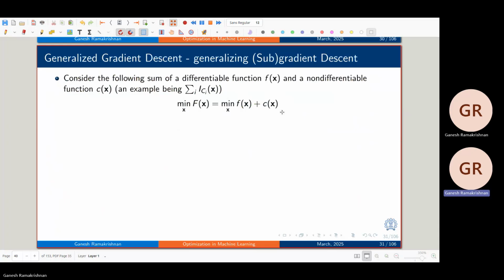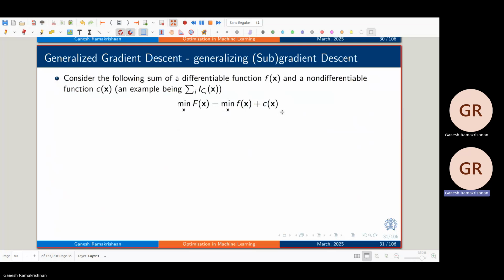What is the obvious answer? Right. So an obvious answer is subgradient. Take the subgradient of the whole thing. But a better answer might be find the gradient for F. And now consider the C component.